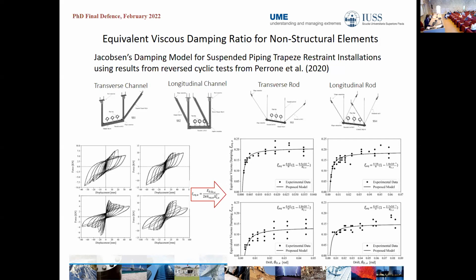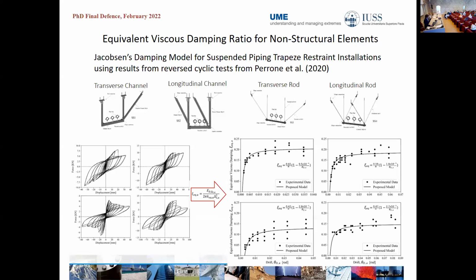We decided that for these types of non-structural elements, the best thing was to represent the deformations for the damping model in terms of the drift of the trapeze installation. Usually this is done in terms of ductility, but we decided to use drift because it was difficult to define a yield displacement for these systems, and because we assume that the nonlinear deformations of these systems will always be concentrated in the proprietary hinge connections between the elements.